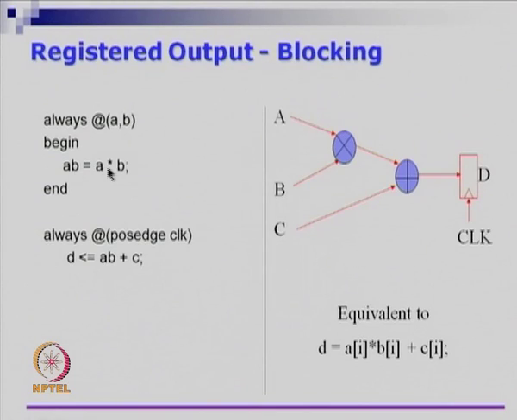So this star means multiply, so AB is A times B infers this part of the circuit where you have A and B as inputs and there is a multiplier.